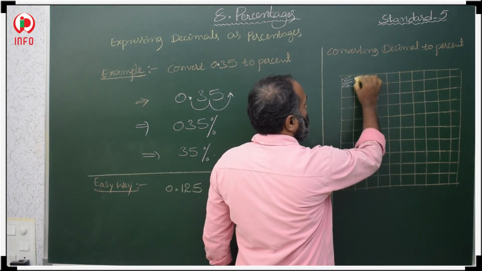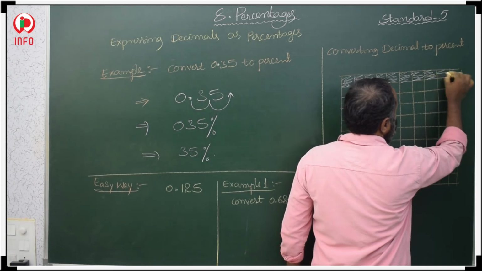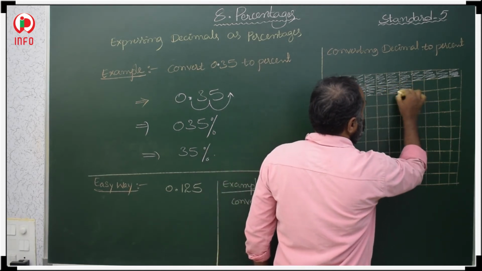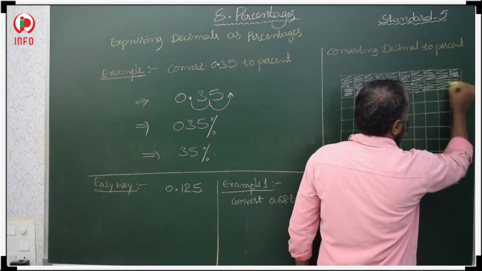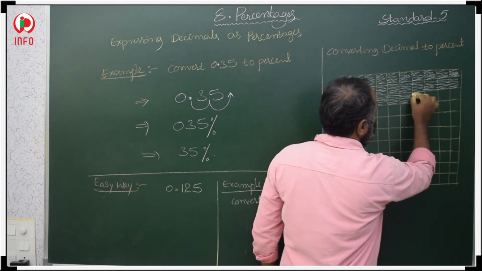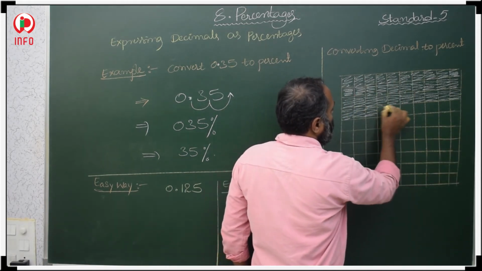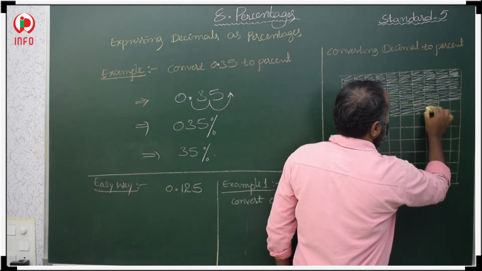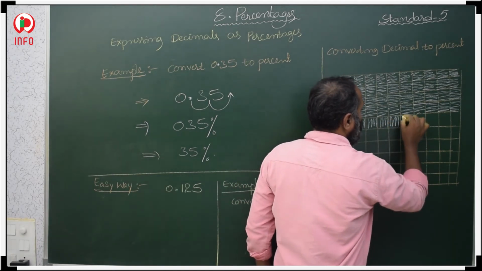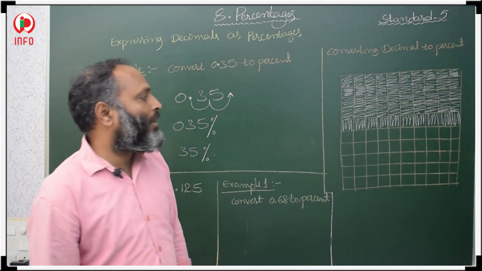First we shade 50 grids, counting 1, 2, 3, up to 50. In total we shaded 50 grids.